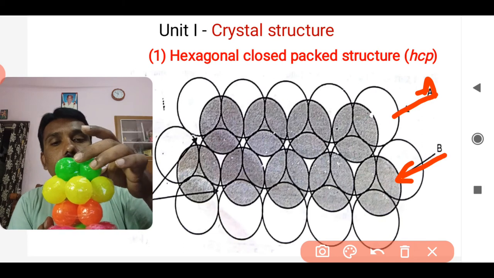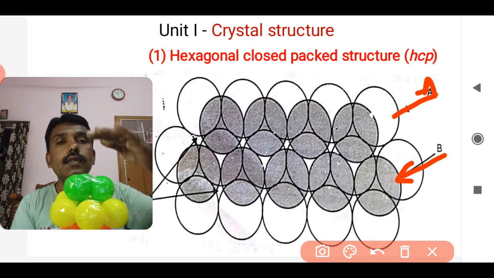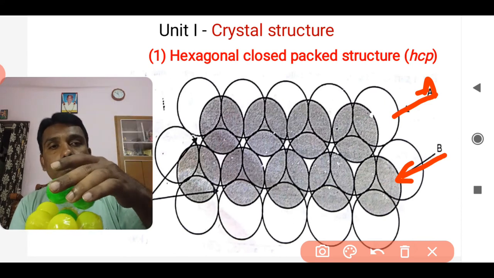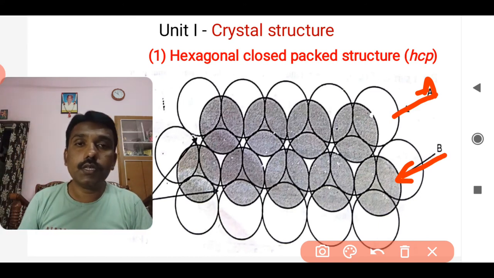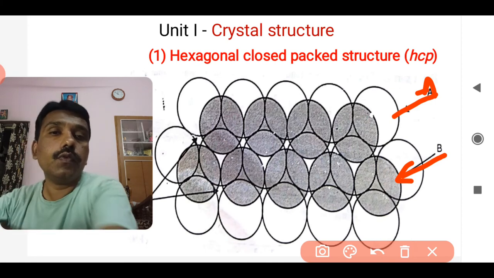So in this way this structure is going to be developed, and the lattice, or whatever the solid is going to be formed, in this fashion. So whenever the hexagonal crystal structure is there, such an AB layer structure is going to be formed.